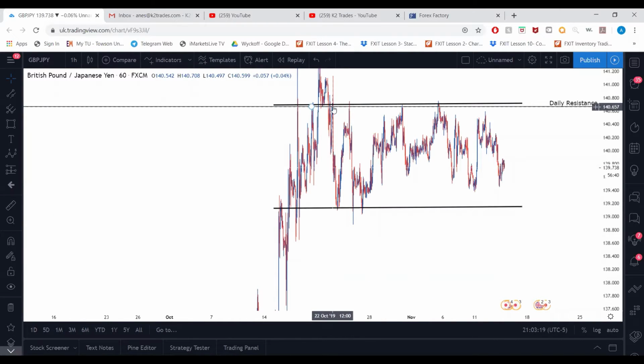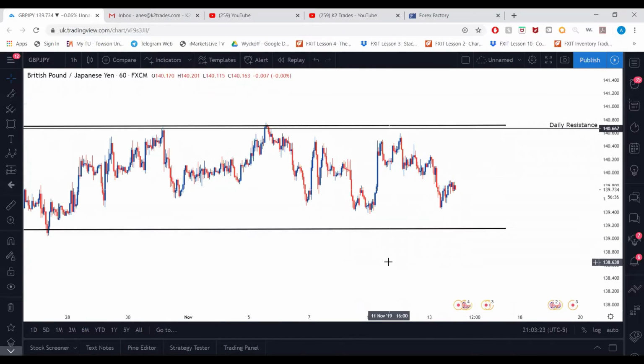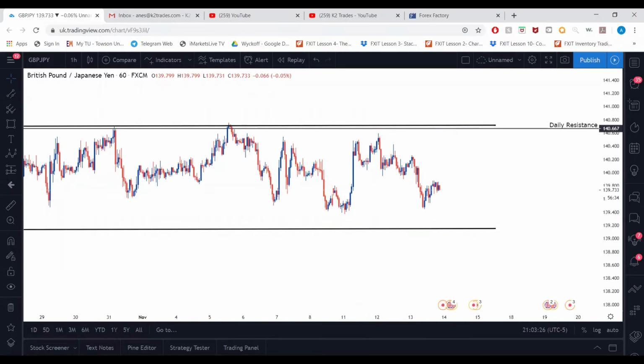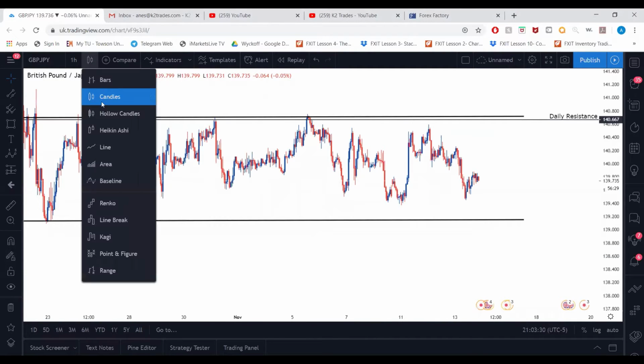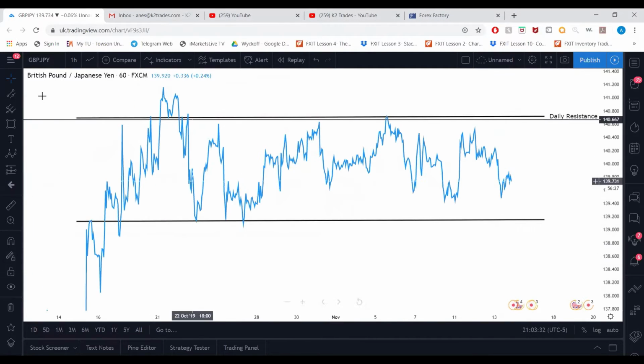For 3 weeks, it's been in this zone, raging. And the most current resistance would be this right here.